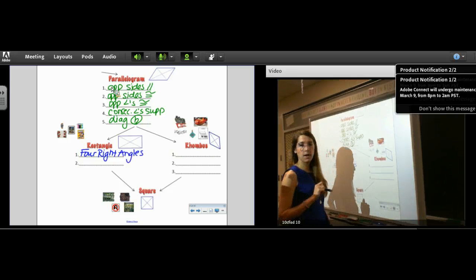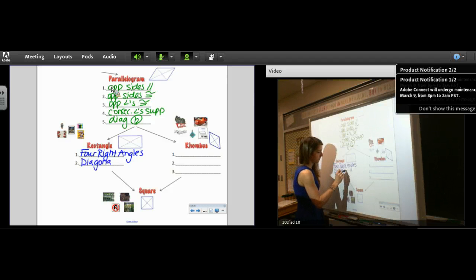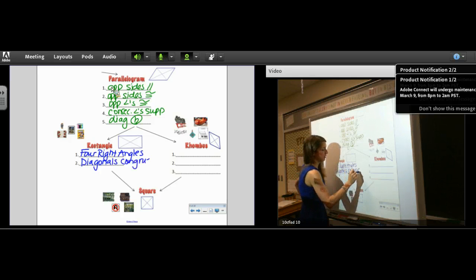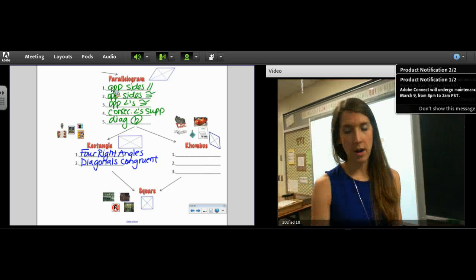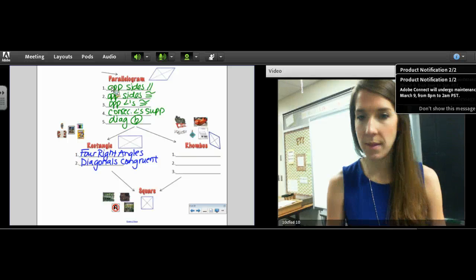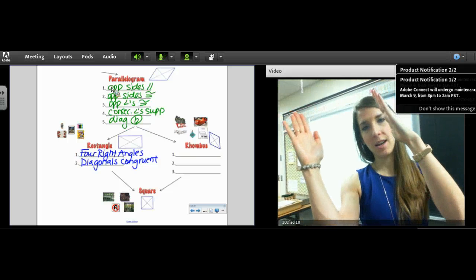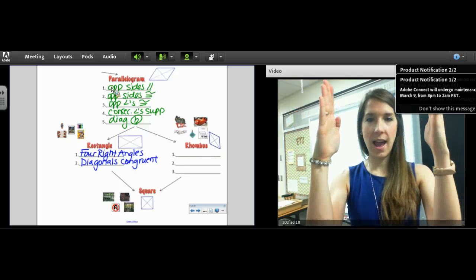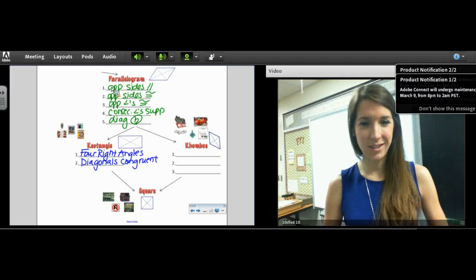That's property number 1. And the other one is the diagonals are congruent. That is not true for a parallelogram. In a parallelogram, the diagonals are not the same length, but as soon as you go from slanted to up straight, the diagonals become congruent because a rectangle has good posture, standing up straight.